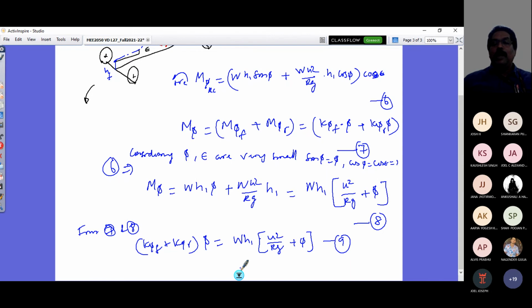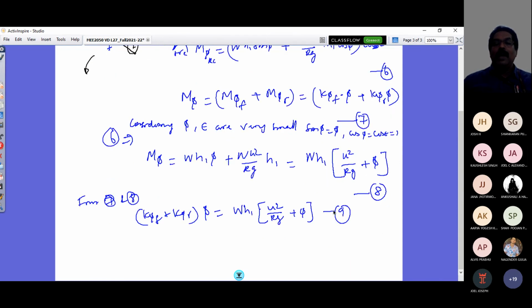Why do I do that? I want to get my roll angle. The roll angle appears in this term as well as in this term. So to get my roll angle, I take this term on this side and bring the other term back here.